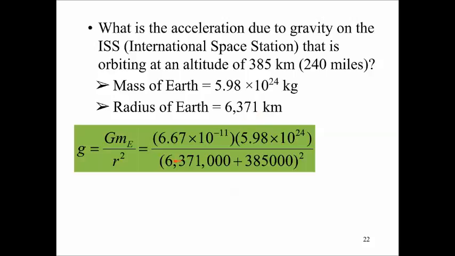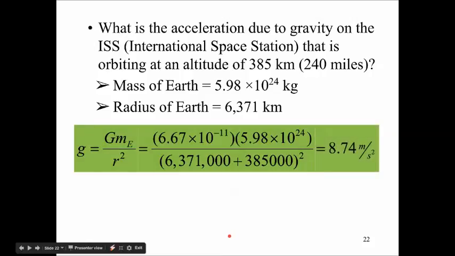So the first thing we do is switch that to meters. And then we're not going to just use that because we're now also 385,000 meters above the surface, so we have to add the altitude before we square that. You can go ahead and pause the video and do that calculation and see what you get.